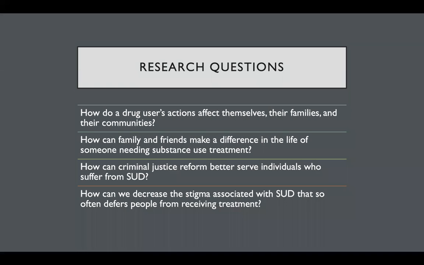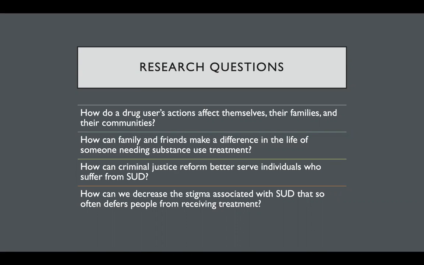As a group, we developed some research questions that may be important when engaging with individuals and families dealing with substance use disorder. Our first research question is, how do a drug user's actions affect themselves, their families, and their communities?